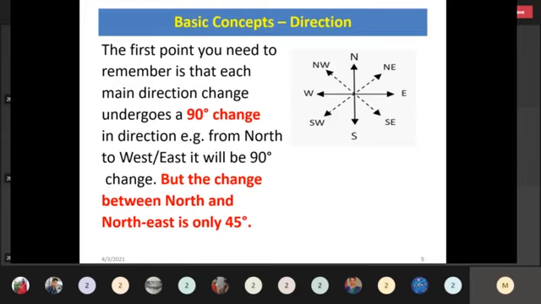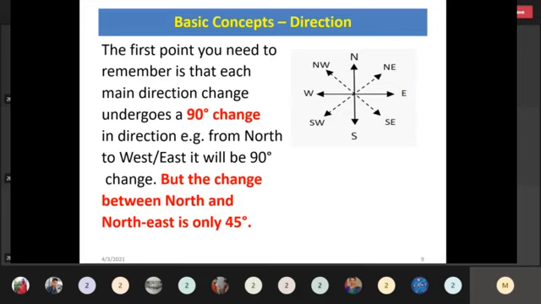The first point you need to remember is that each main direction change is a 90-degree change in direction. For example, from north to west, or north to east, it will be a 90-degree change.